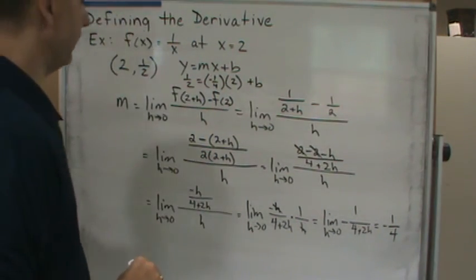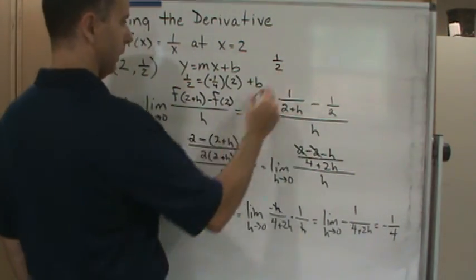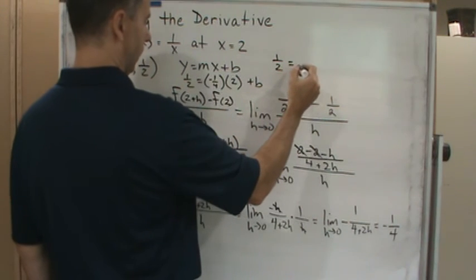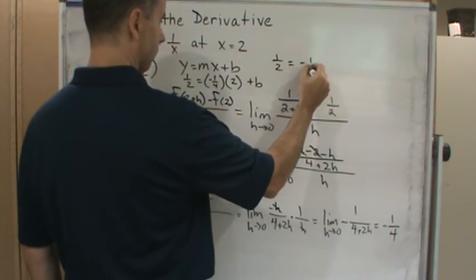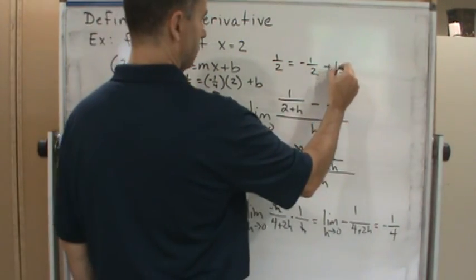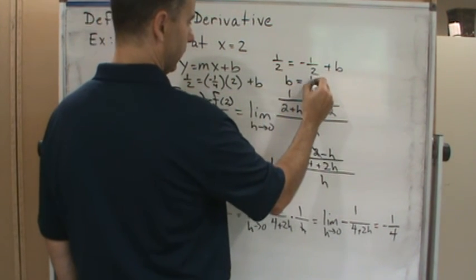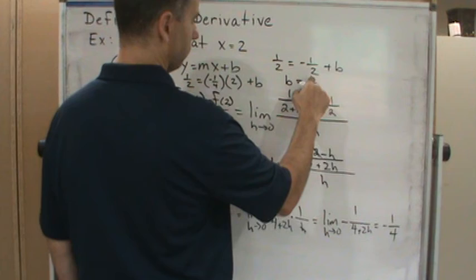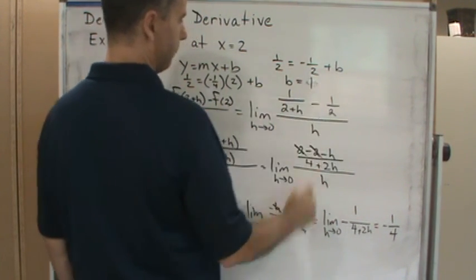If I simplify this, I get 1/2 equals negative 1/2 plus b. And so b ends up equaling 1, because I add a half to both sides, and I get b equals 1.